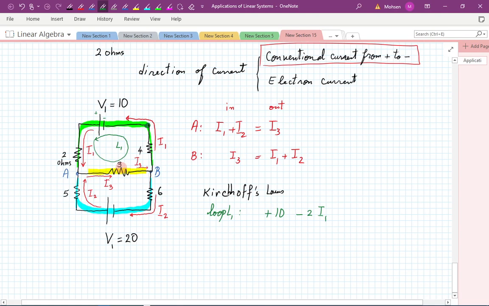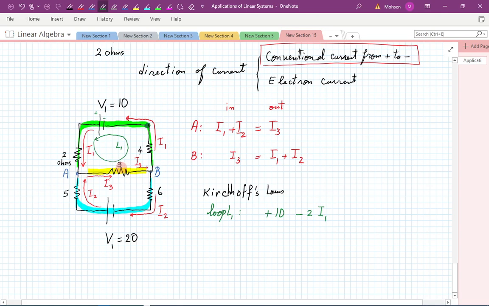In this segment, we come back to the current of I1. My resistor is 4 ohms, so I write minus 4, and the current is I1. And I have come back, and the sum of all of these things is equal to 0.